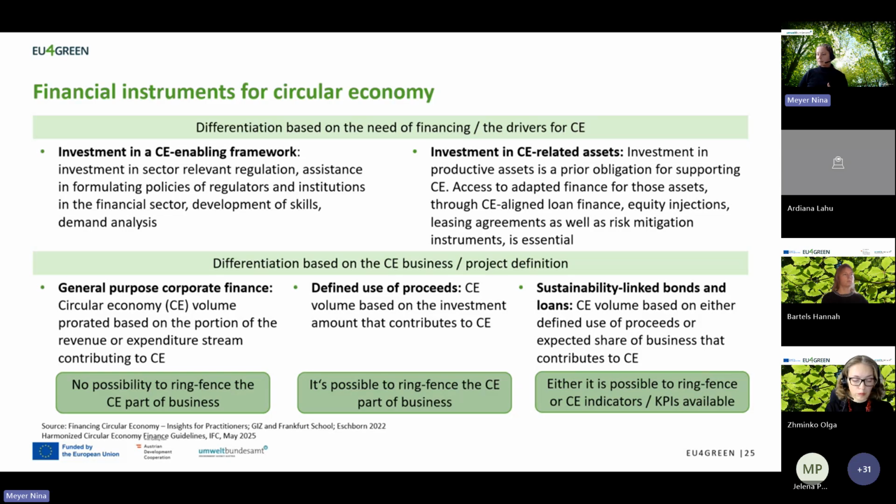If it is possible to ring fence, then we have a defined use of proceeds, so the circular economy volume is based on the investment amount that contributes to circular economy. Then we are mentioning again the sustainability linked bonds and loans, where the circular economy volume is based on either the defined use of proceeds or the expected share of business that contributes to circular economy. So again, we have this linkage to the achievement of CE indicators or KPIs.